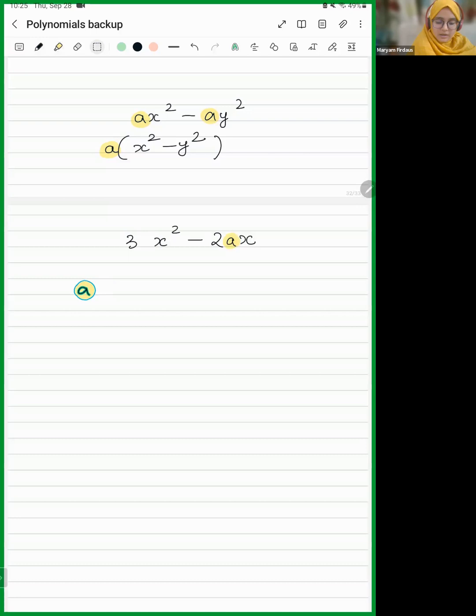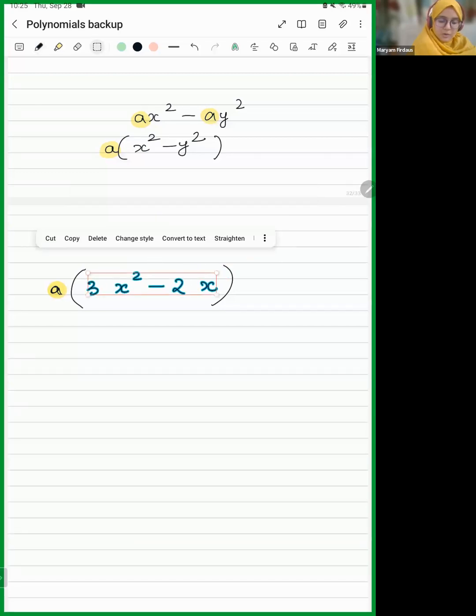So this a you are taking outside. Then you are taking them as common. What are you left with inside the bracket? This entire thing. This is what goes. We take the x as common. No, I am saying you take the a as common. For now, I'm asking you to take the a as common.